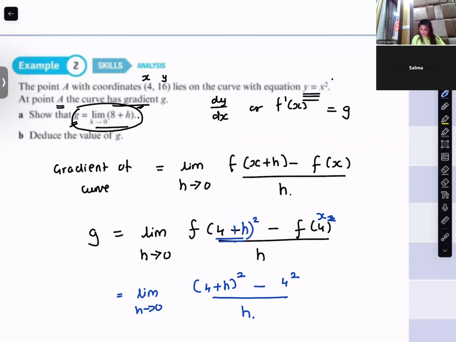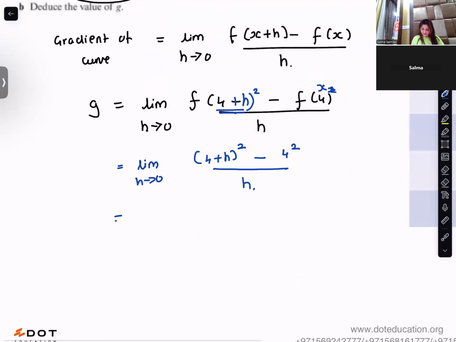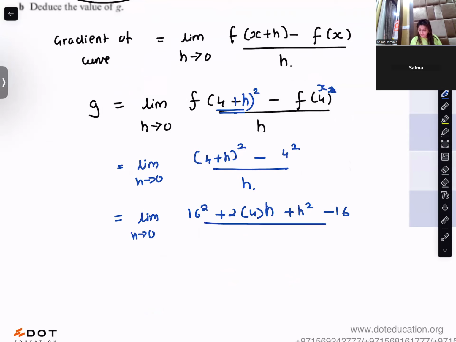Okay, so now this would be the limit as h tends to 0 of 4 plus h the whole square, it's a square plus 2ab plus b square, minus 16, the whole divided by h.